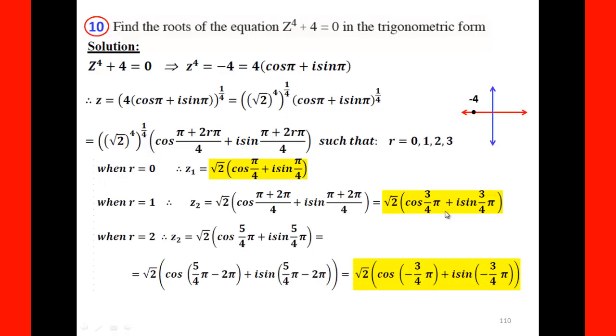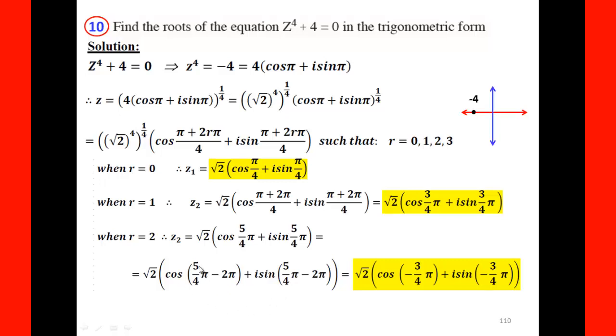So we'll take it. When r equal 2, z2 equals root 2 cosine 5 over 4 pi plus I sine 5 over 4 pi, after we substitute r equal 2 in the general form. But 5 over 4 pi is greater than pi, so we subtract 2 pi in cosine and sine.